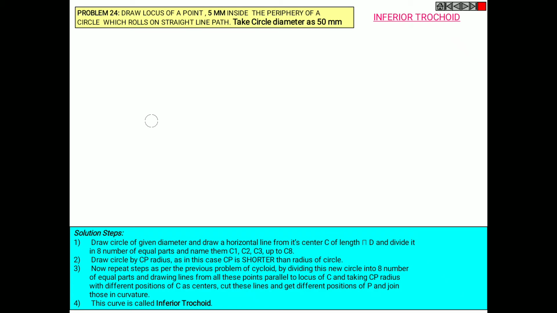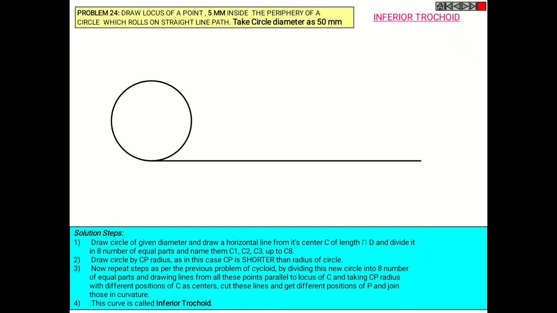We'll see the diagram. Draw a circle of 50 mm dia and a surface line. There is a small circle over inside it which is 5 mm inside to the circle.